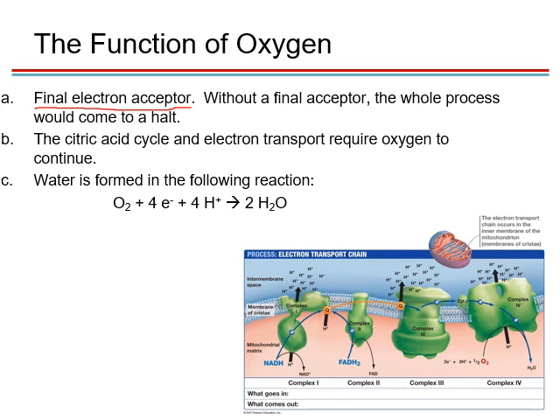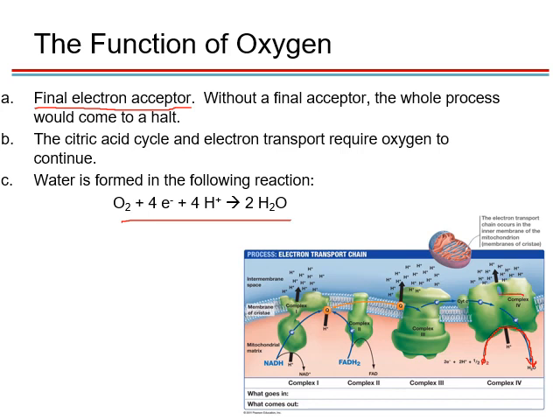And ultimately, when the electrons get to complex 4, the last complex in the chain, oxygen picks up the electrons from complex 4 and is converted to water. Why is this important? Because remember, those electrons are getting passed through here by oxidation-reduction reactions.